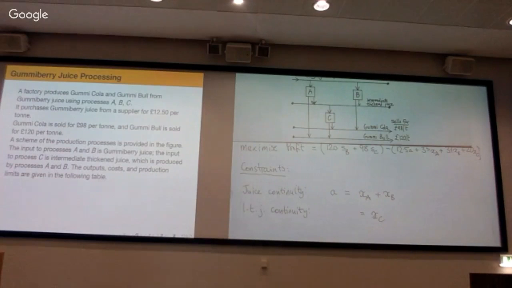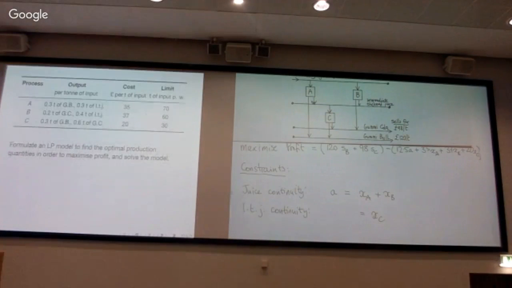What is entering the pipe? The answer is in the table here. So how do you get intermediate thickened juice?